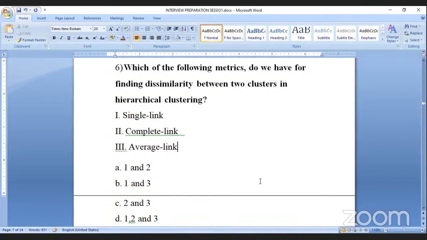So the question is, which of the following metrics do we have for finding dissimilarity between two clusters in hierarchical clustering? Only two responses? Option A. Okay.